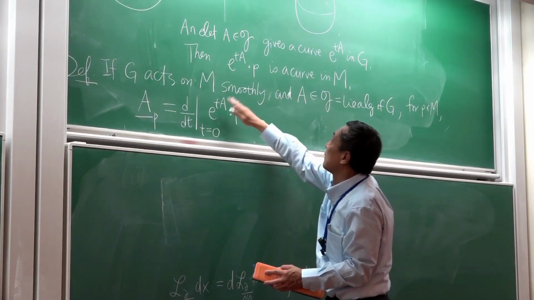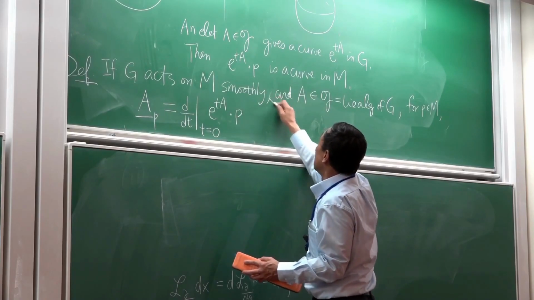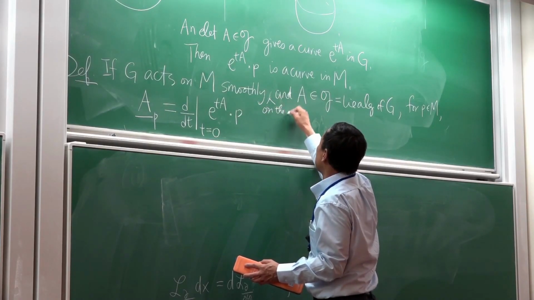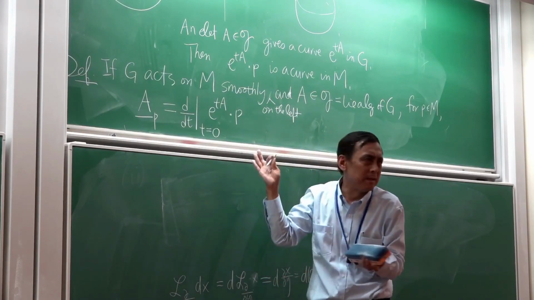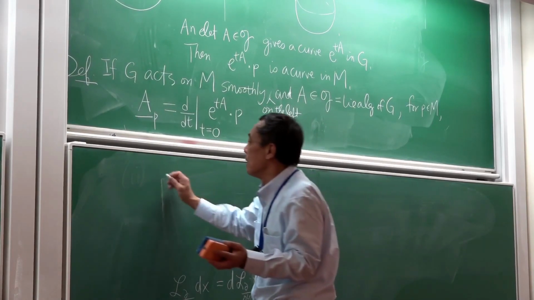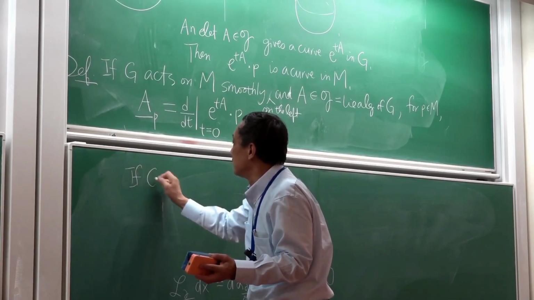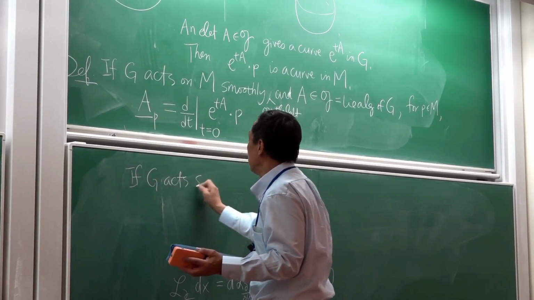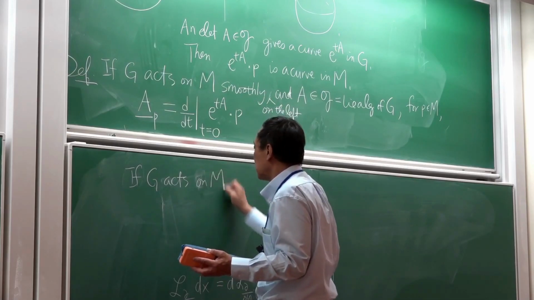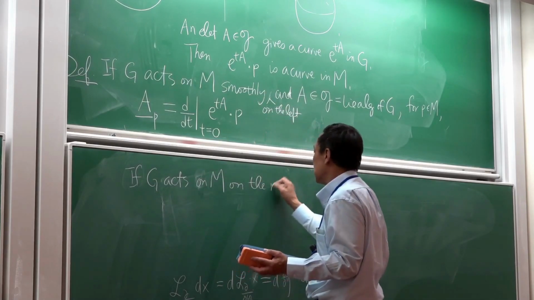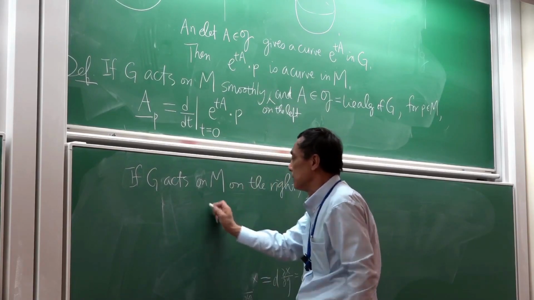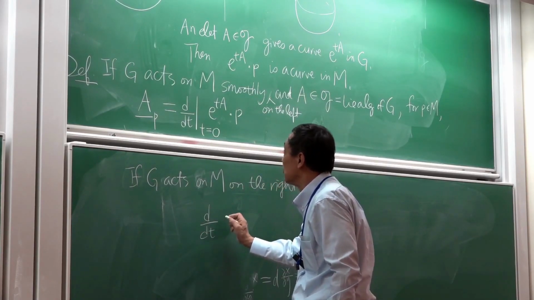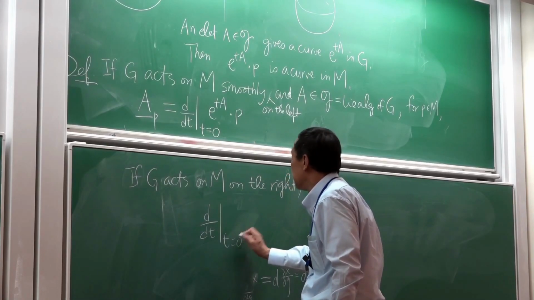So if G acts on M smoothly on the left, I make that definition. But if G acts smoothly on M on the right, then I have to write the group element on the right.